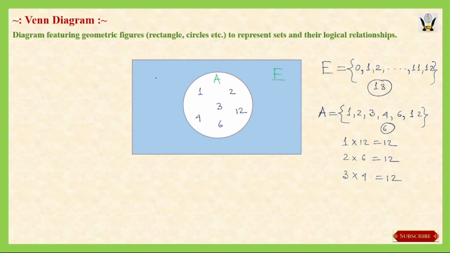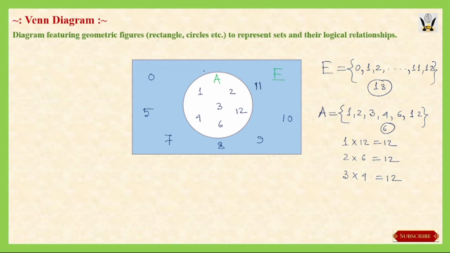The remaining 7 elements we can represent this way: 0, then we have 1, 2, 3, 4 here, so 5, then we have 6 here, so 7, then maybe here 8, 9, 10, 11. So in total here we have 7 elements, and 7 plus 6 is 13. In total 13 elements that this universal set has. And we know this set A is a subset of this universal set.